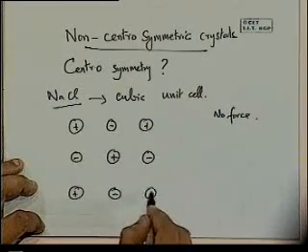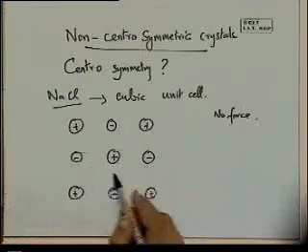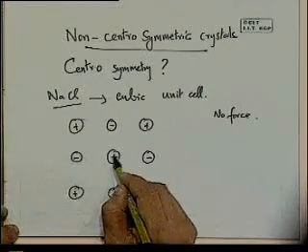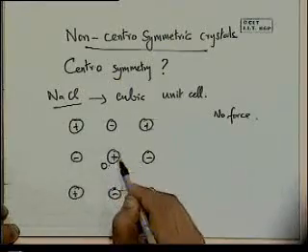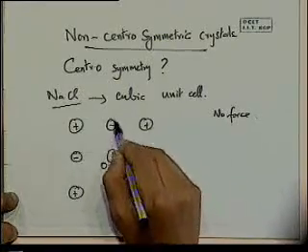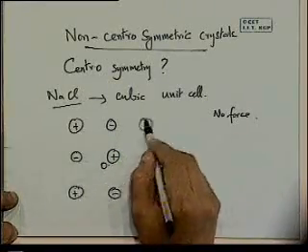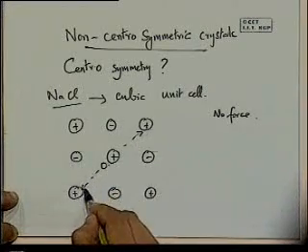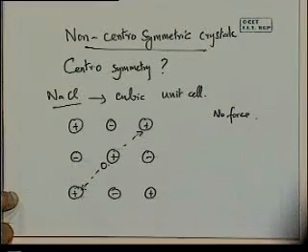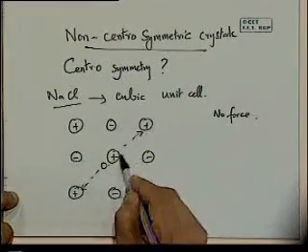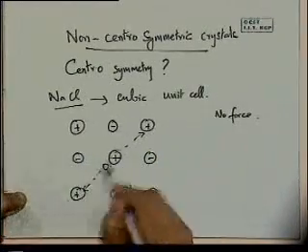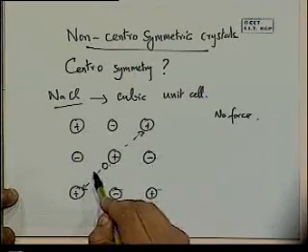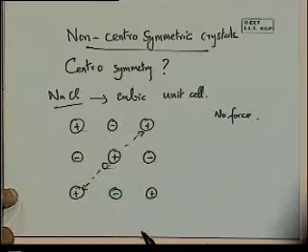When we look at this crystal, what we see is that from any point actually, but let's take the center here, the origin, if I draw a vector in this direction, and if I draw a vector in the opposite direction, I'll get the same ion. So if this was sodium, in the opposite direction, through that center of symmetry, I get the same ion. For any of these you can see that's true.